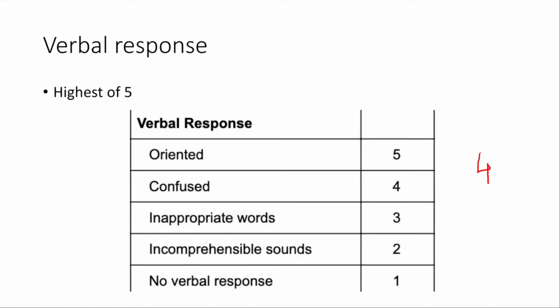Yeah, I'm trying to get my point across. It just doesn't mean he's not answering correctly or he made a mistake in answering the questions. He's actually confused. So on the safer side, most people either score verbal response as 3 or 5. So that is very important to know. But if you get a question in NEET which says that the person was confused, please go with 4, because a V score of 4 means confused.